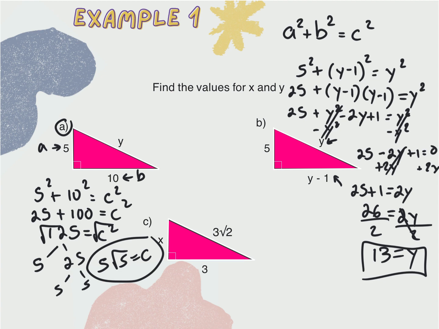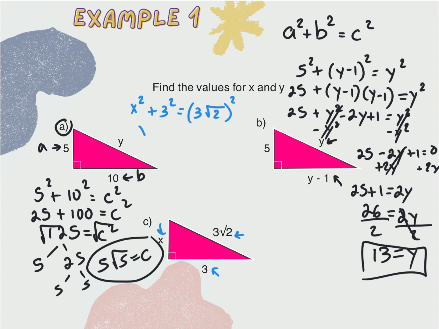And let's solve for x. We have x as a leg, the 3 is a leg, and this is the hypotenuse. So this is going to look like x squared plus 3 squared equals 3 square root of 2, all of that squared.